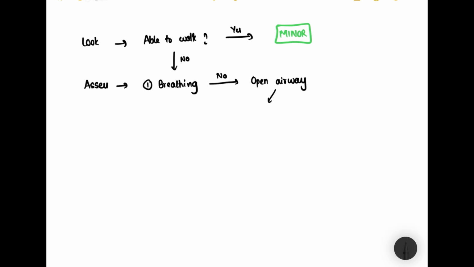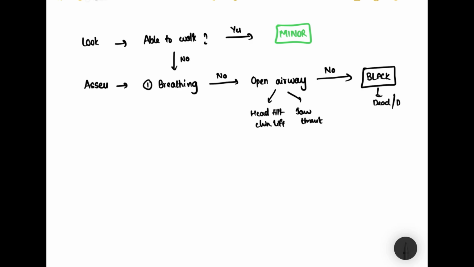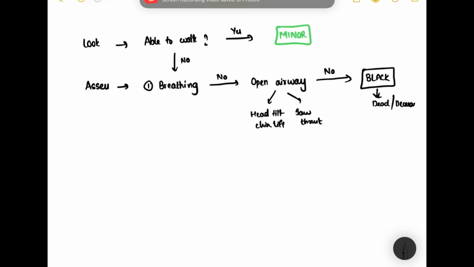Two maneuvers: head tilt, chin lift, and the other is jaw thrust. You have done this, but still there is no breathing. Then he comes under black, which is dead or deceased or expectant. That is, there is very little chance of his survival. Dead or deceased, there is no chance of his survival.